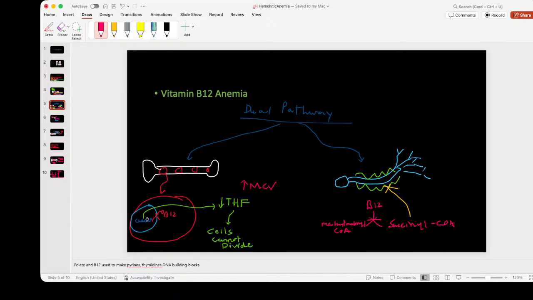On the other hand, B12 is also essential for myelin sheaths.